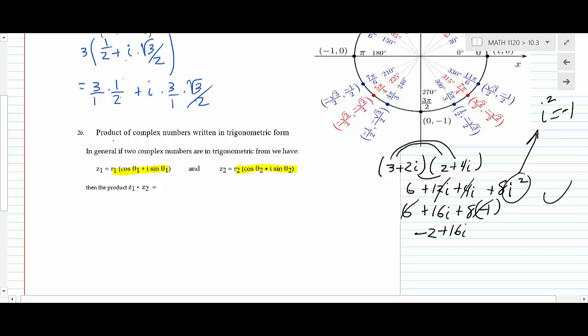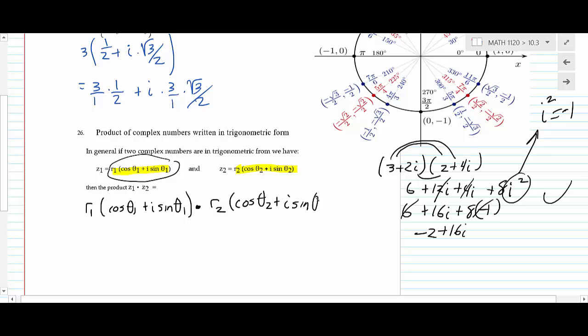So what I want you to write down is this complex number: r1 times cosine theta 1 plus i sine theta 1. Okay, write that down, and then write the second one down, so you're multiplying by r2 cosine theta 2 plus i sine theta 2 like this.